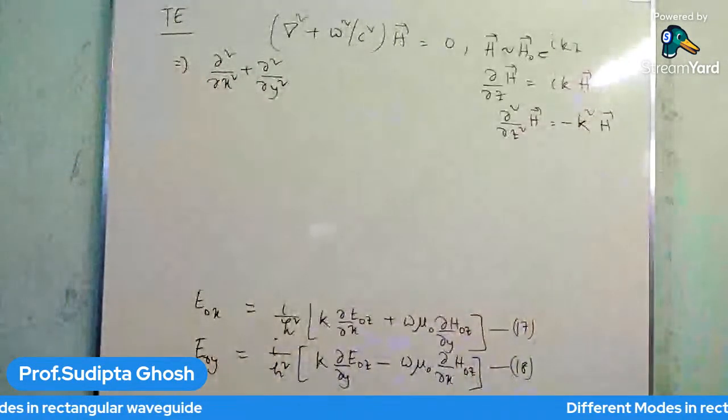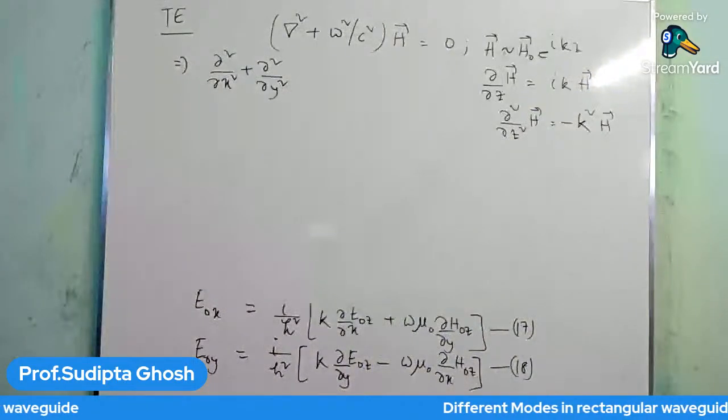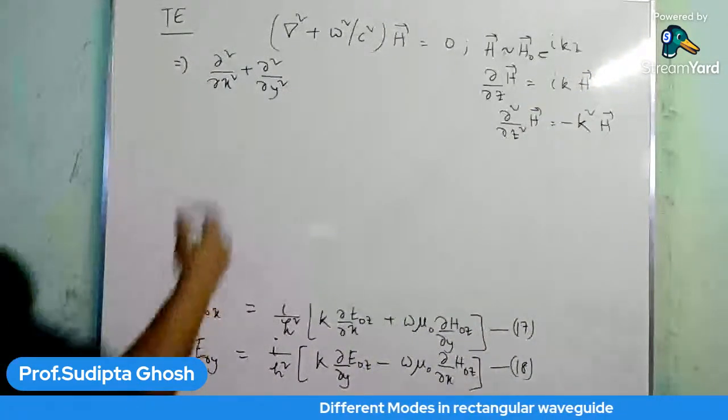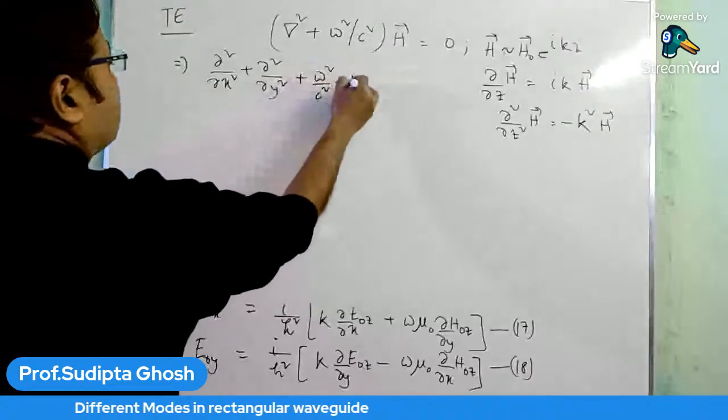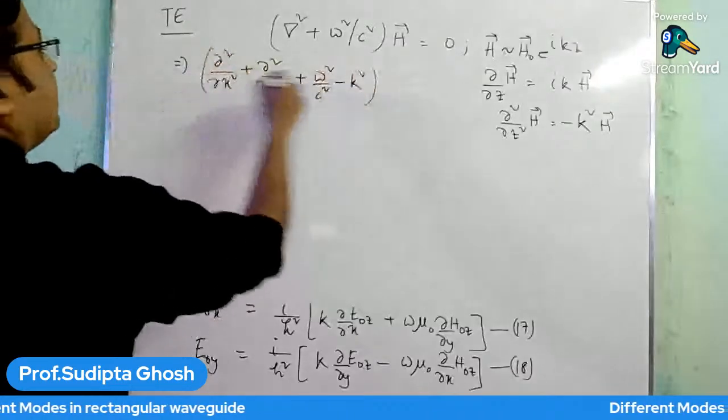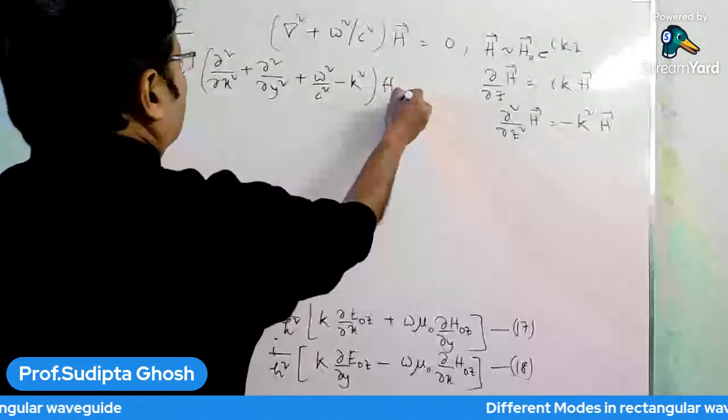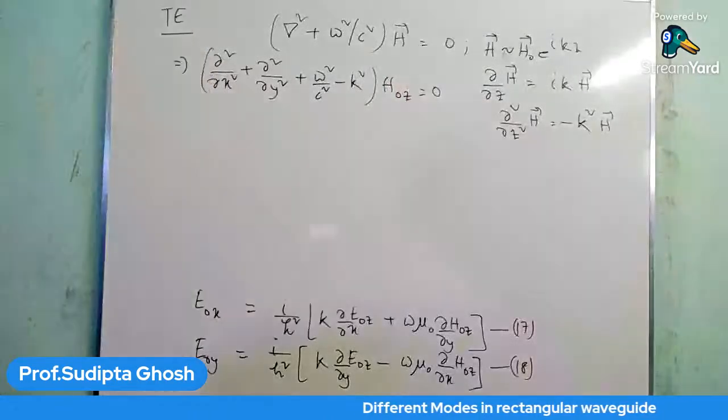So we can write del 2 del x2 plus del 2 del y2 plus omega square by c square minus k square, and then HOZ equals 0.